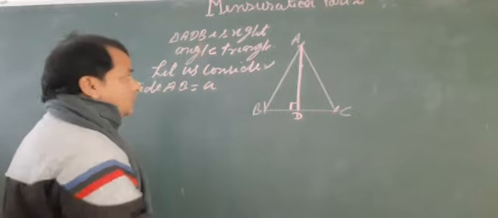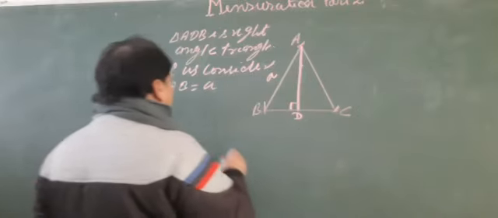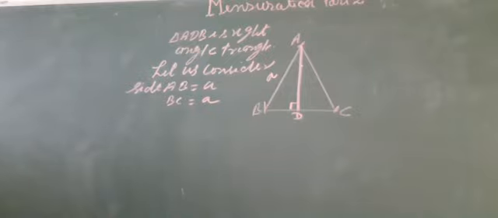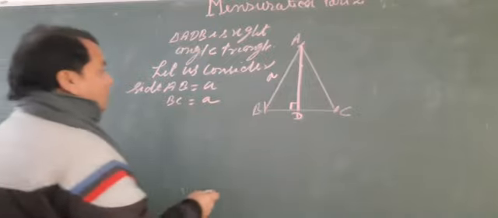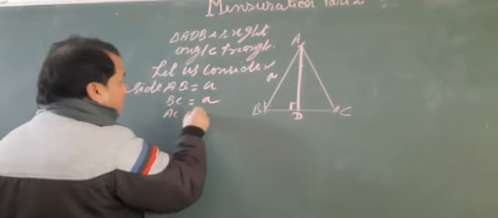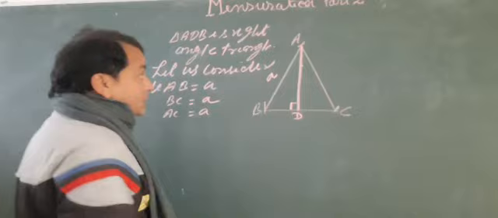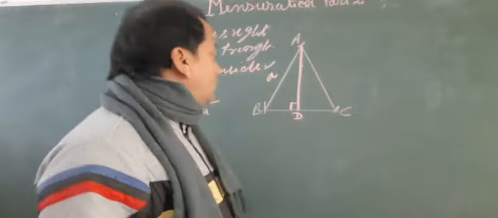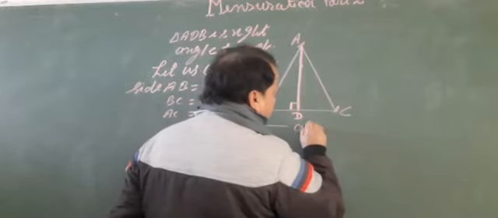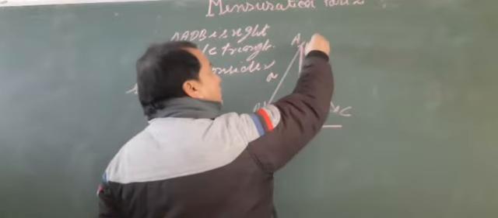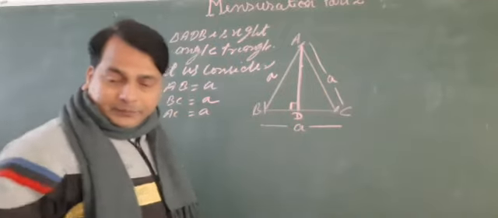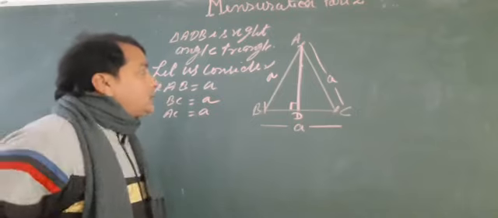If side AB equals A, then BC is also A, and side AC equals A.